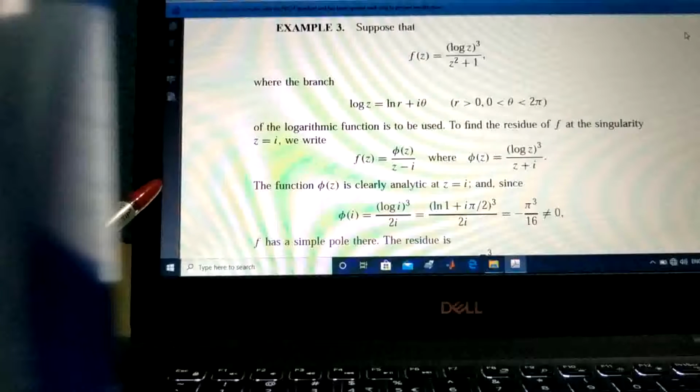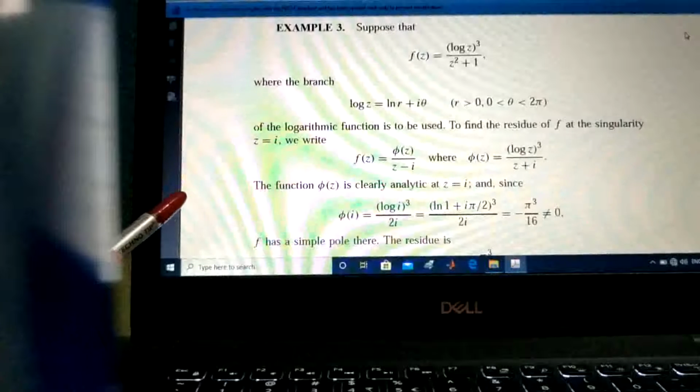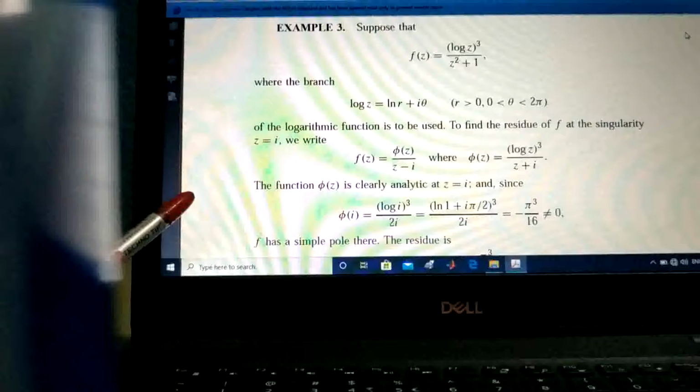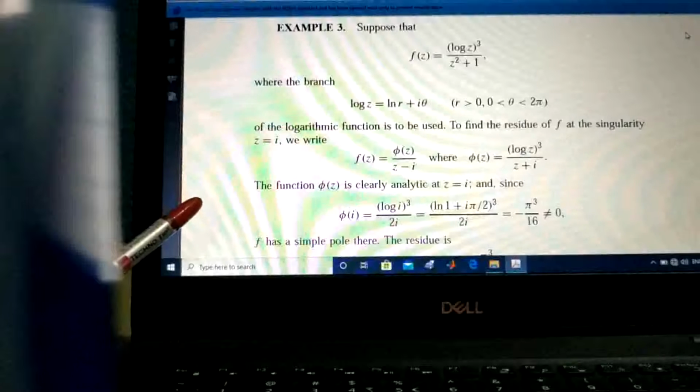Let us see the next example: log z whole cube by z square plus 1. So this function will be having two singular points, z equals i and z equals minus i.